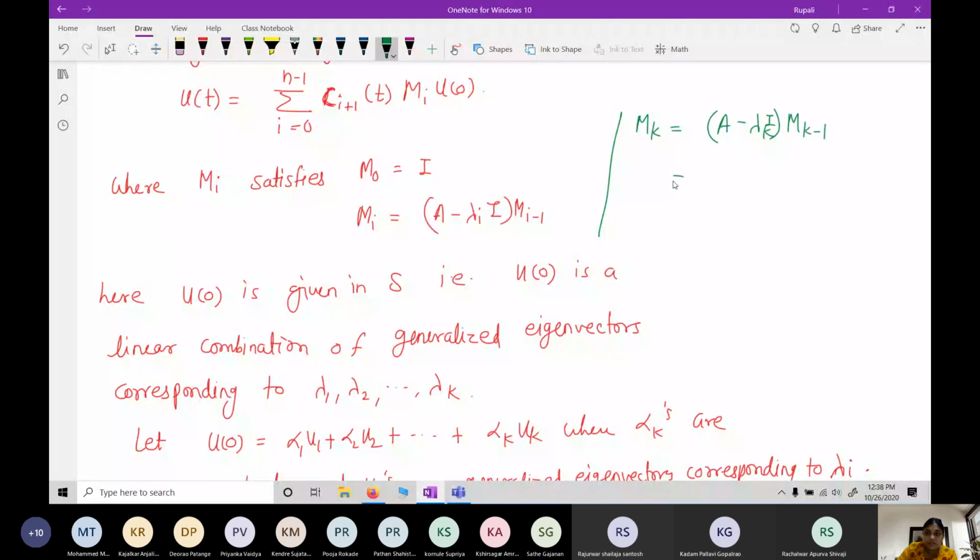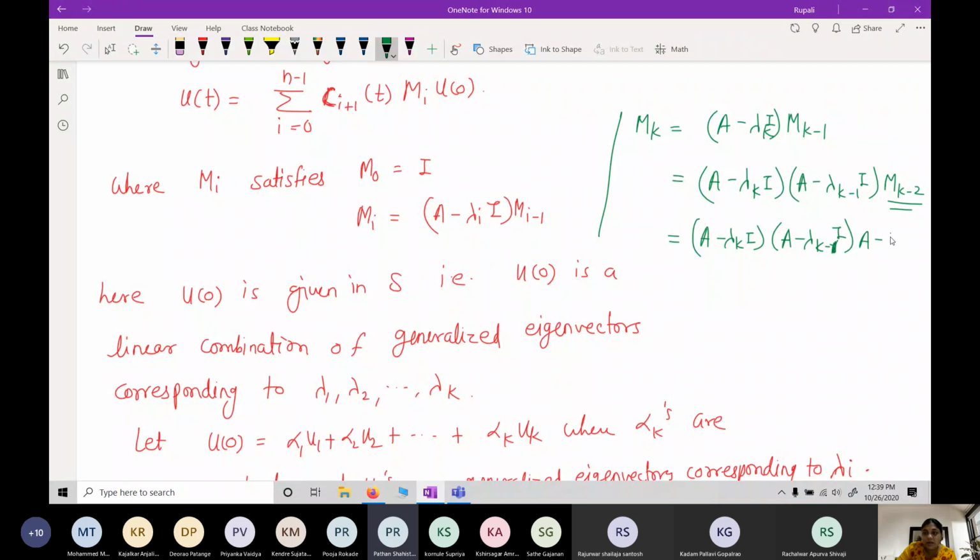Now M_{k-1} is A minus lambda_{k-1} times I, M_{k-2}. Again M_{k-2} is A minus lambda_{k-2} I into M_{k-3}, and so on.